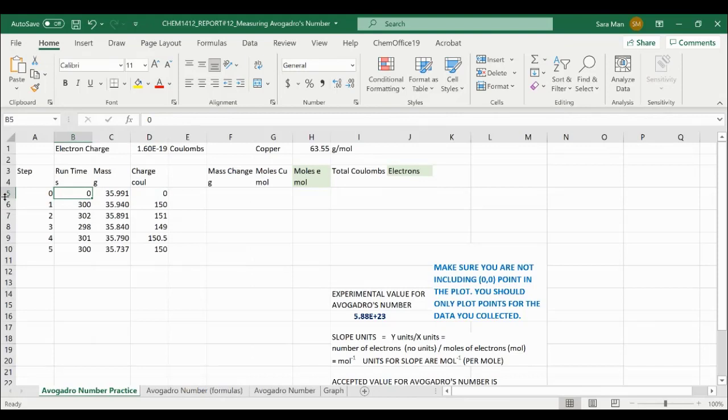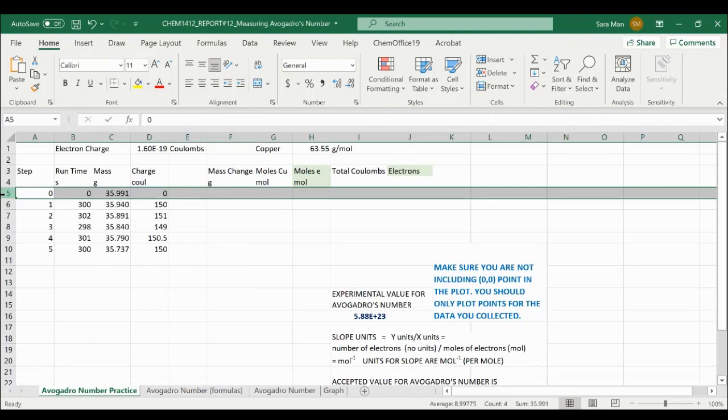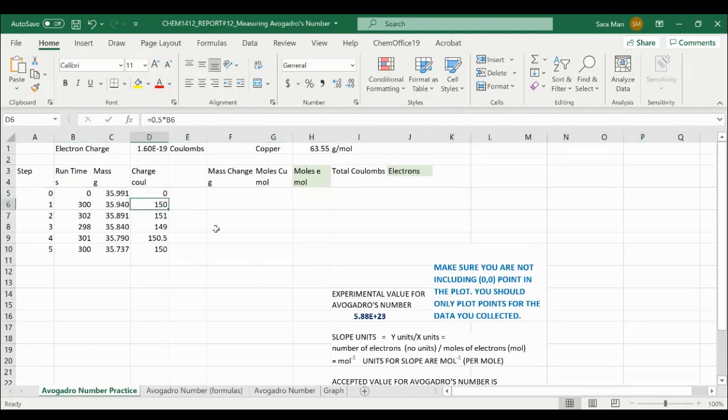Obviously, the step 0, all the entries in this row 5 for me, or the step 0, are for the metal strip before any current has passed through. But then, in step 1, is basically multiplying this column B by 0.5. It is the runtime multiplied by 0.5.